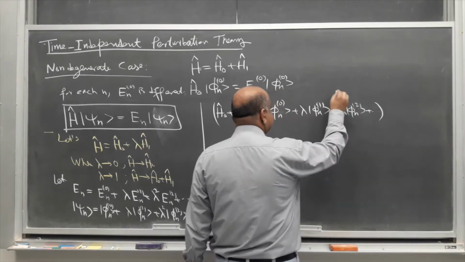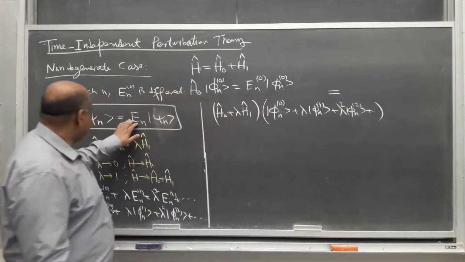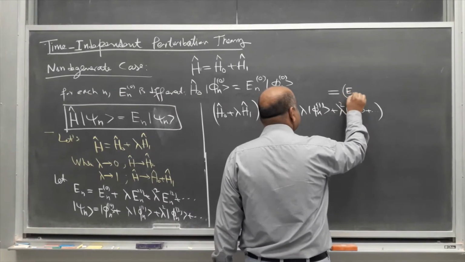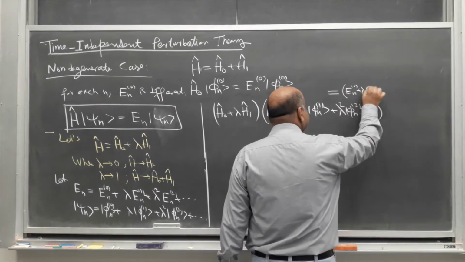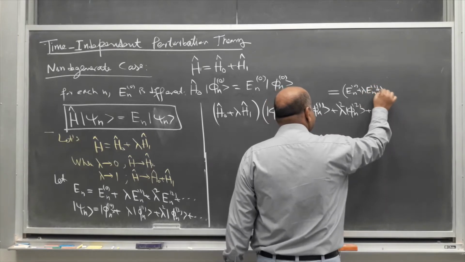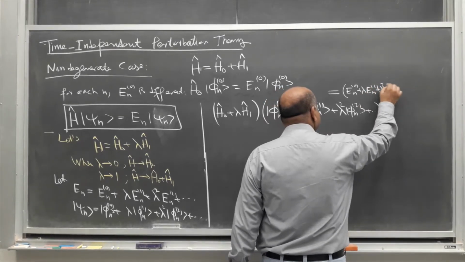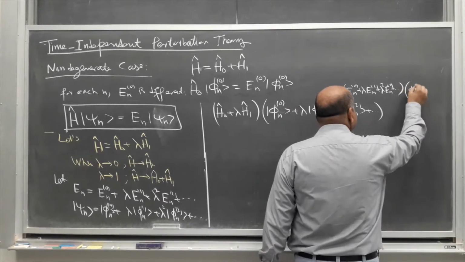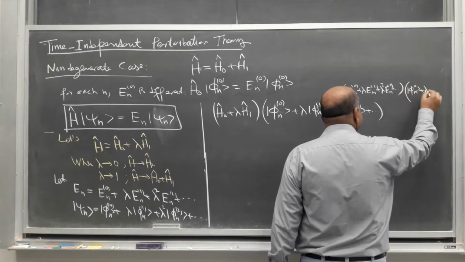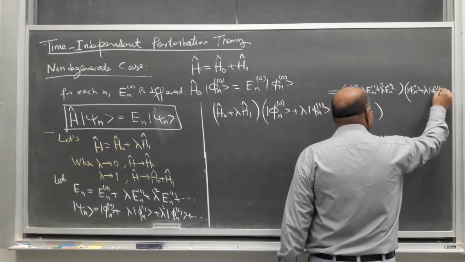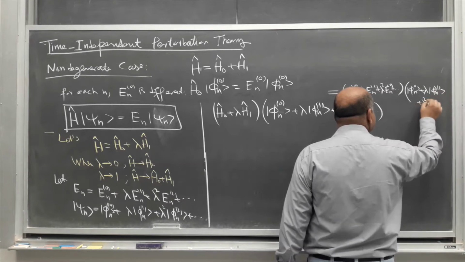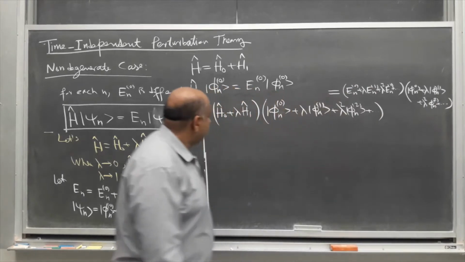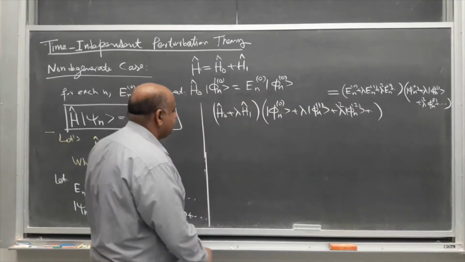And on the right side I have En psi n, and En is nothing but En0 plus lambda En1 plus lambda squared En2, and so on, and psi n is phi n0 plus lambda phi n1 plus lambda squared phi n2, and so on. So let's multiply these terms on both sides.